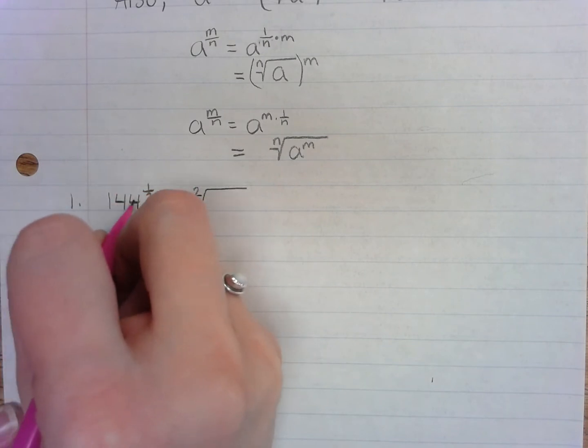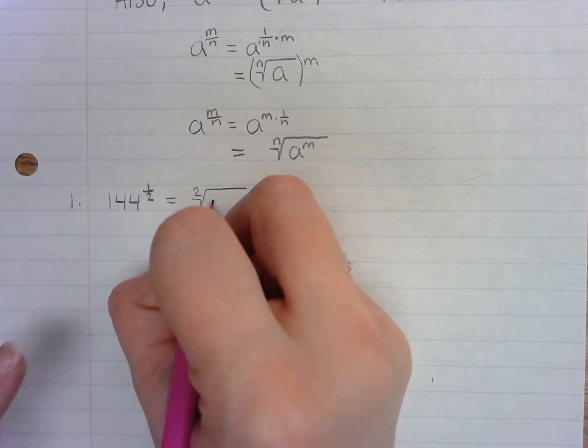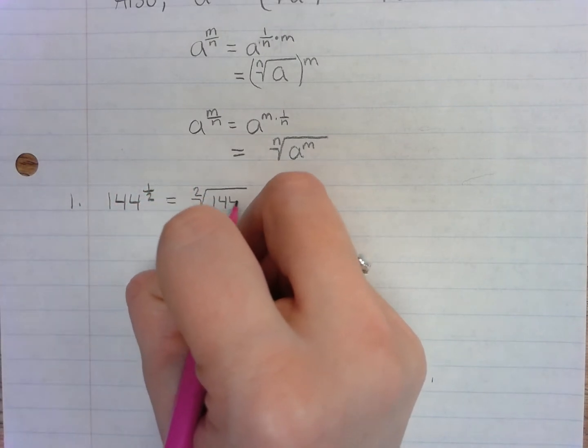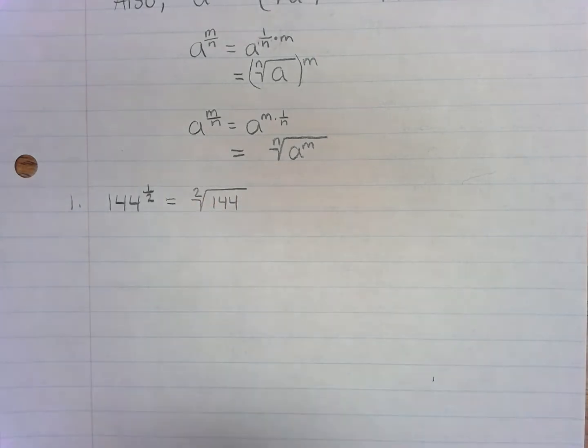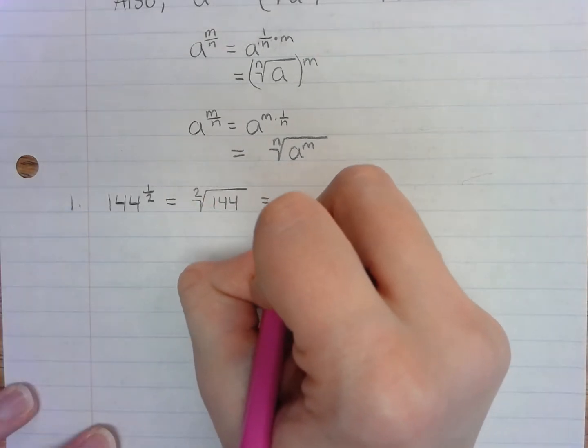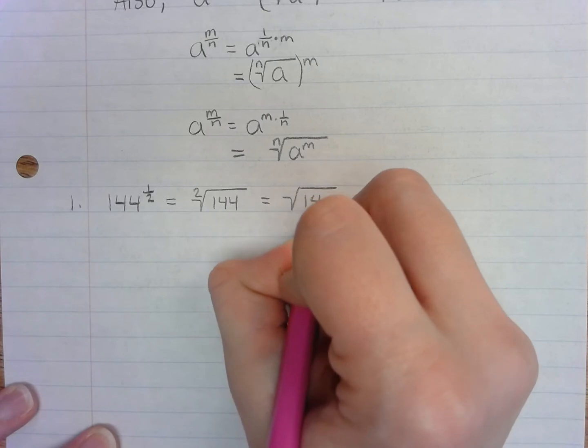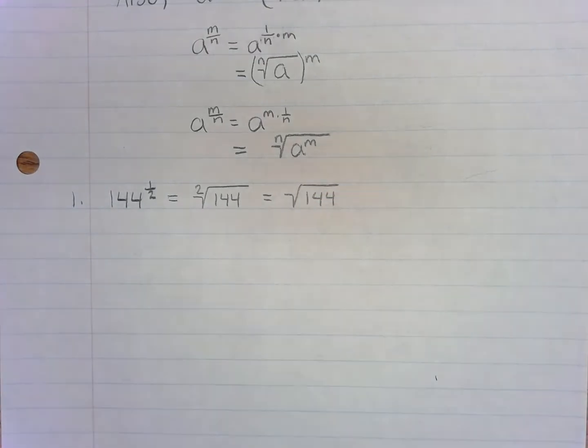The base of the exponent is our radicand inside the radical sign. So we just have the square root of 144. An index number of 2 is not required to be written, so we would just write the square root of 144. By the way, the square root of 144 does equal 12, but you're not required to simplify. Just rewriting it as a radical is as far as you have to go.